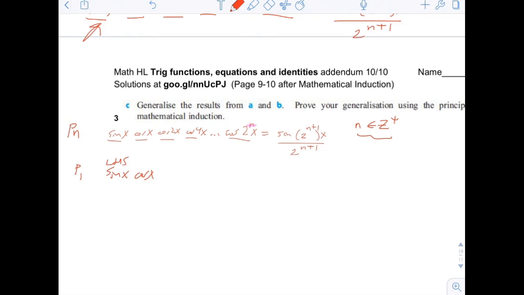Cosine of 2 to the first would be cosine of 2x. And then the right-hand side would be equals sine of 2 squared x divided by 2 squared, since n plus 1 in this case is 2.